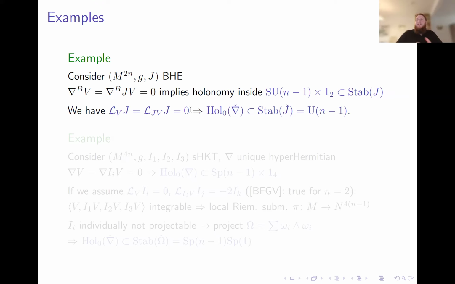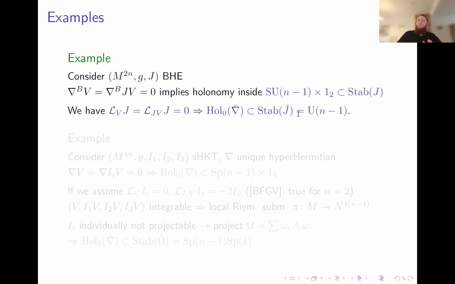So this is good because this means that our complex structure J projects. And we have just seen that this implies that on our base, we again get an integrable complex structure J check. And the holonomy of the connection on the base is inside the stabilizer of J check. So this is again in U(n-1).